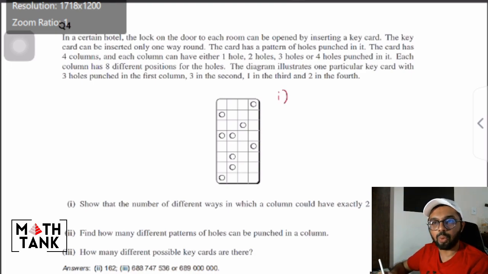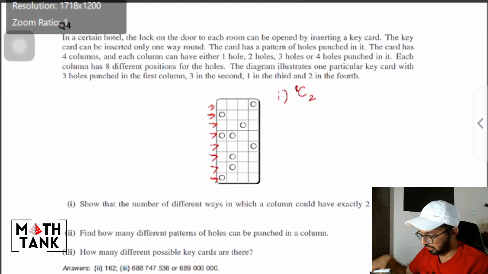I have to punch out exactly 2 holes, and since there are 1, 2, 3, 4, 5, 6, 7, 8 different positions, I choose 8C2, which should give me 28.